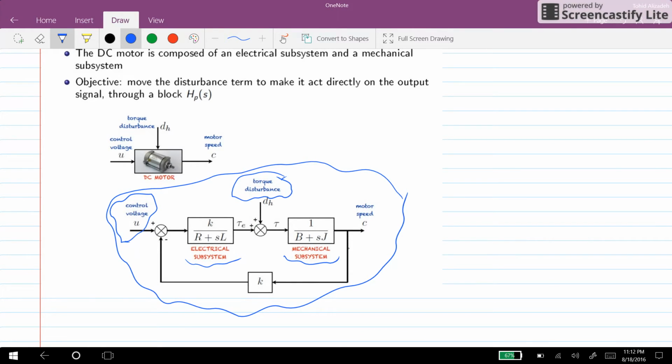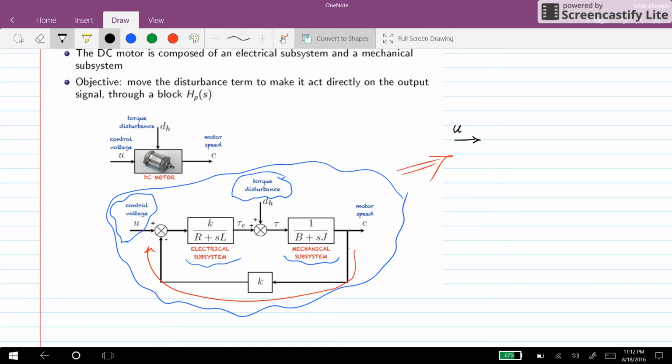And we can see here that there is an internal intrinsic feedback inside the motor itself, which feeds back the speed of the motor with the gain of K. Now our aim is to simplify the model of the motor and find out this kind of model, this kind of block diagram indeed.